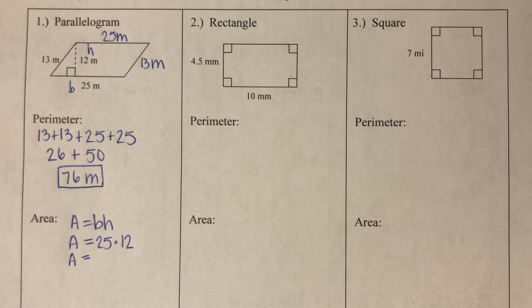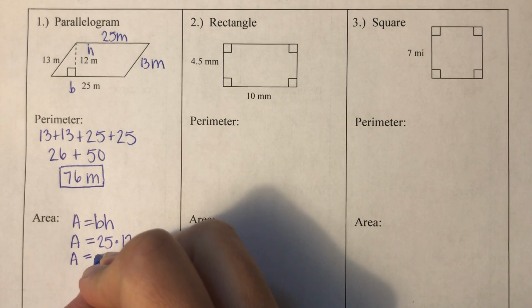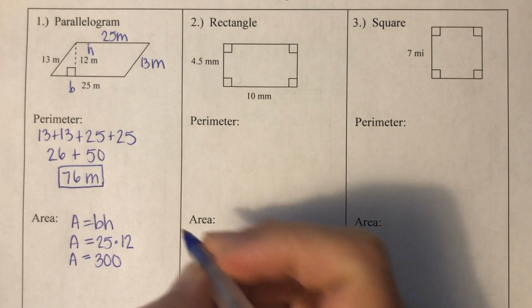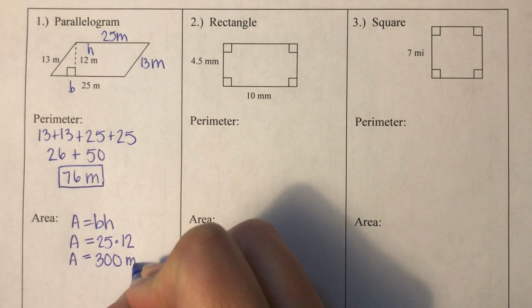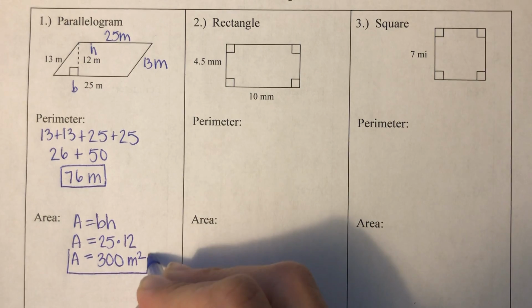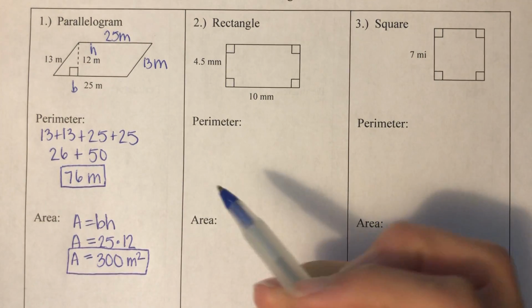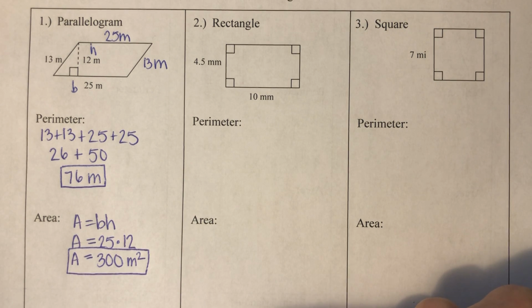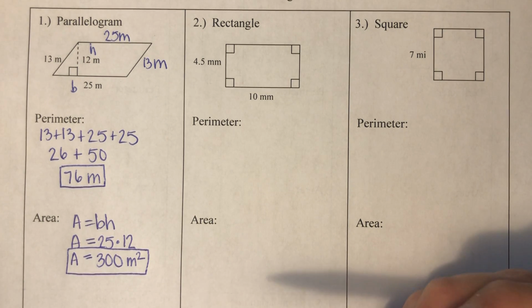You could do it off to the side if you'd like by hand. But you get 300. And for units, remember you're putting that meter, but you're putting that little exponent of 2 to represent square meters. So perimeter, add all the sides. Area, use a formula.